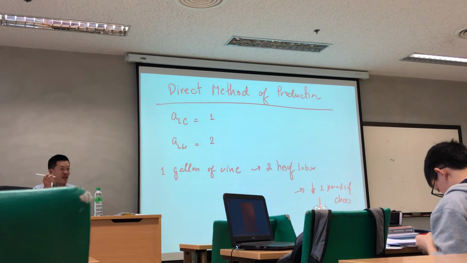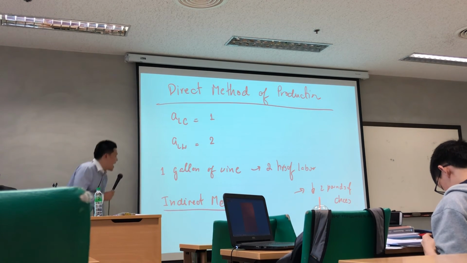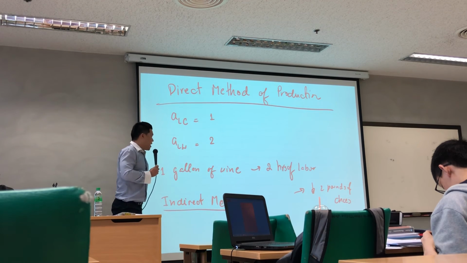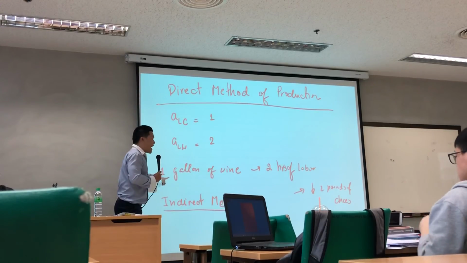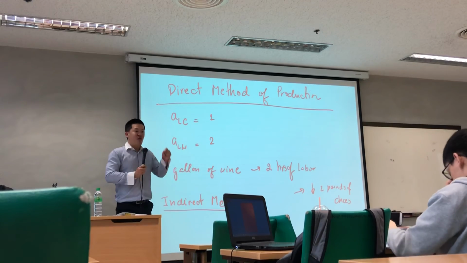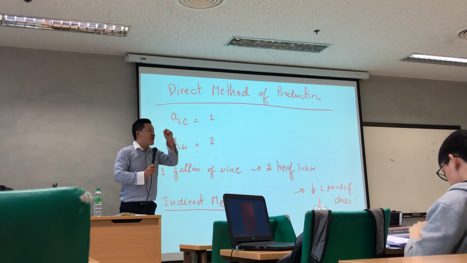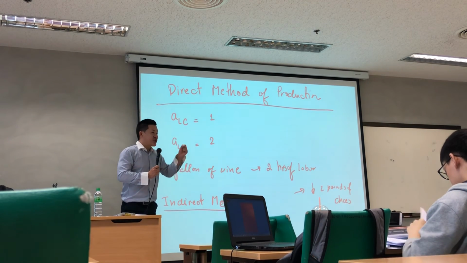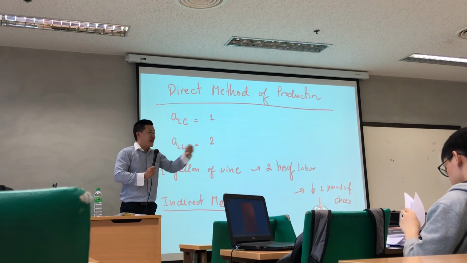Let's see the indirect method of production. What is the difference between direct and indirect? Indirect means if you want to consume wine, you produce cheese and trade it for wine, right?